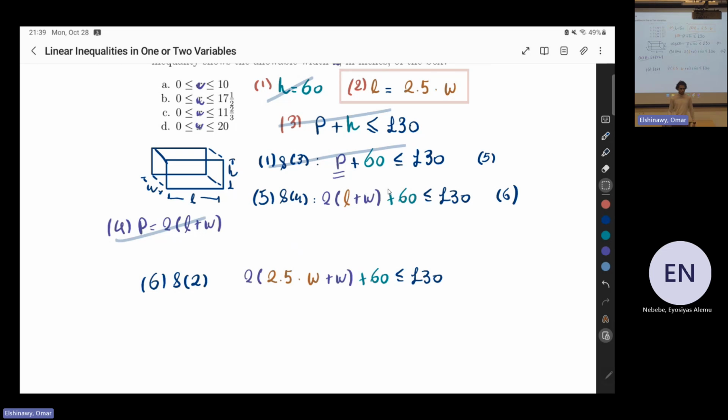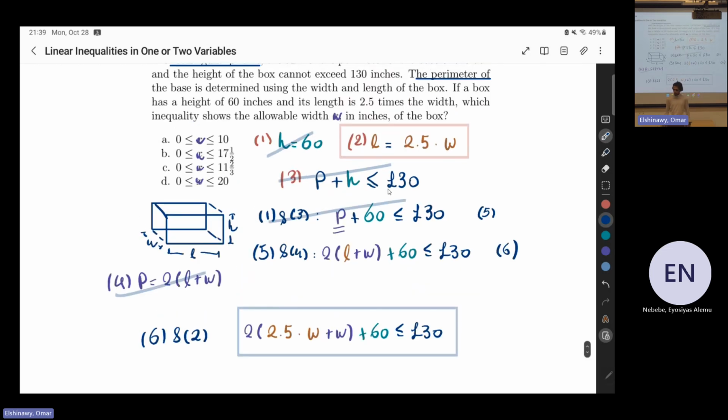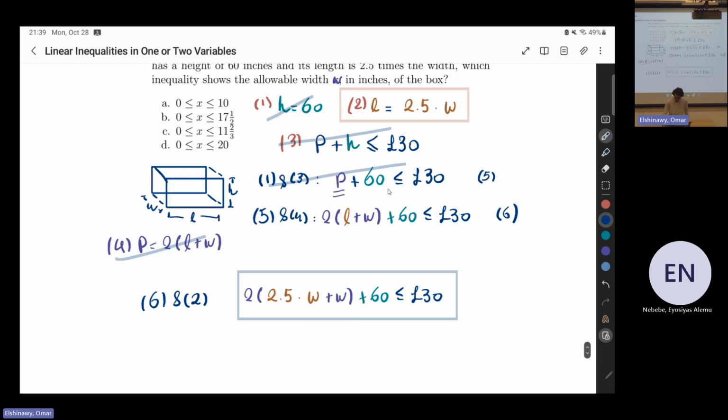And that's amazing because this is an inequality in one variable, and it is my variable of choice, W, which I'm looking to find an inequality for. So I probably just need to simplify it.